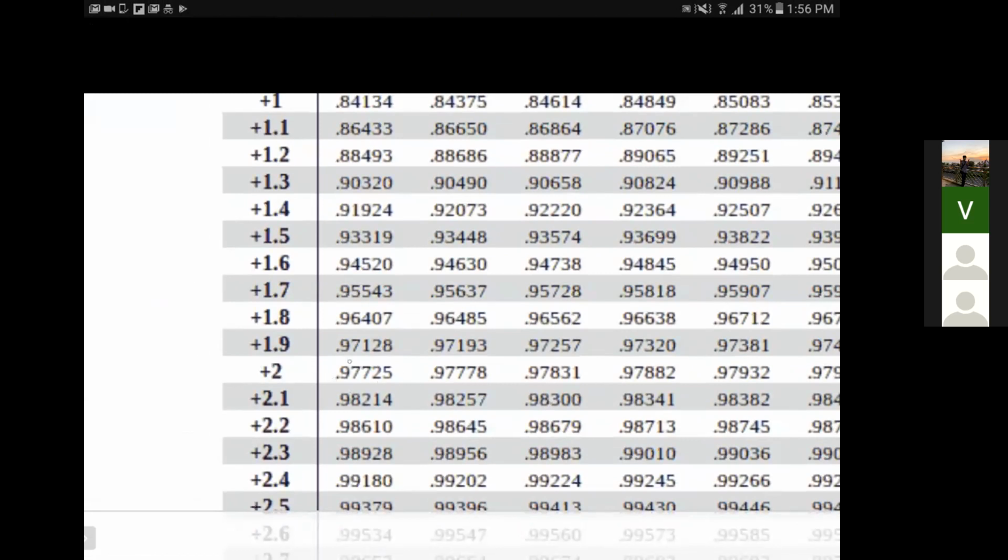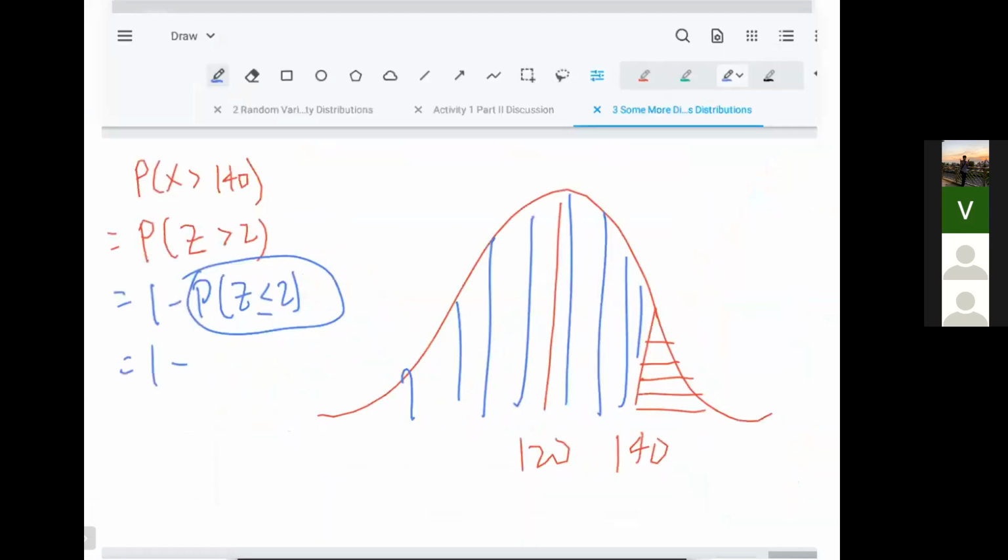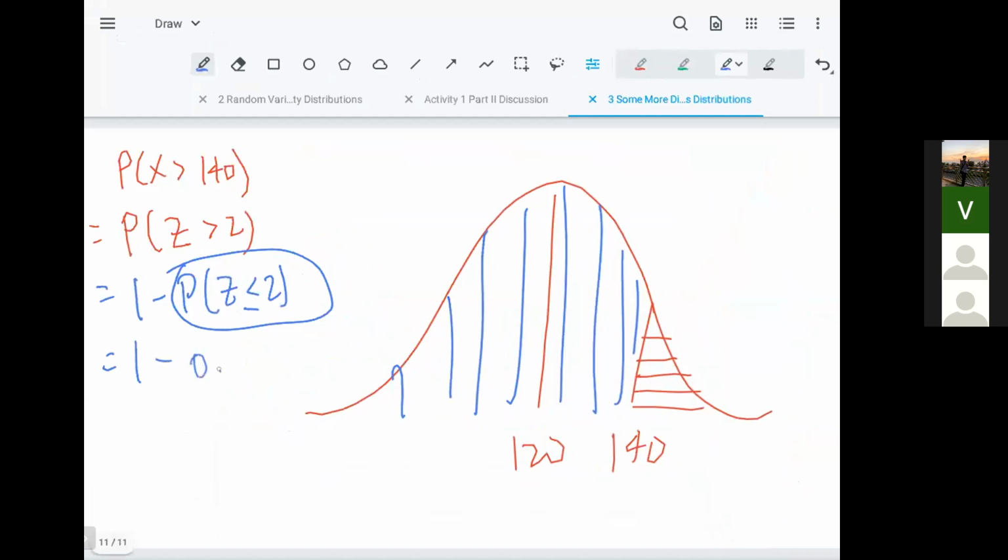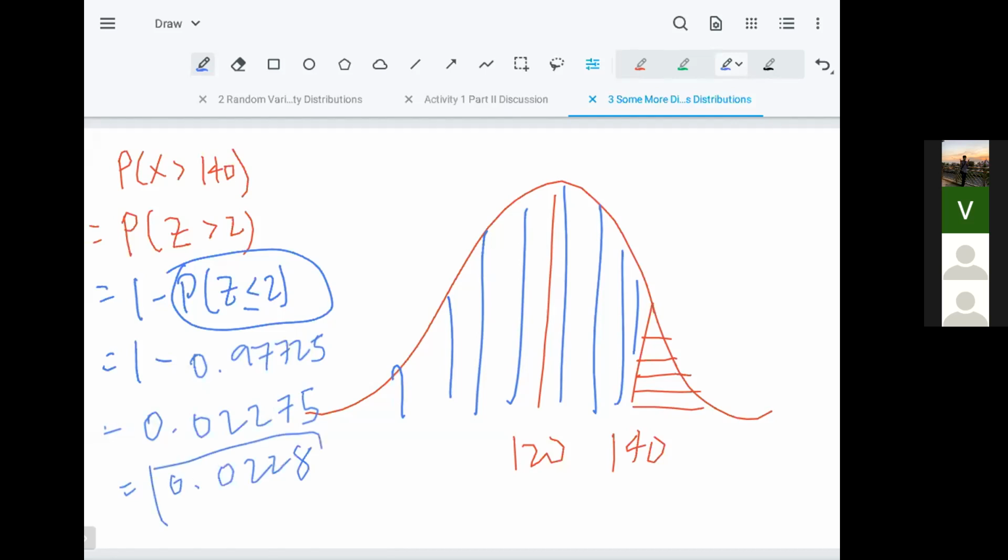Ito, yung first column, 0.97725. So 1 minus 0.97725 will give us 0.02275 or 0.0228. Okay? So 2.28%, etong gusto nating sagot.